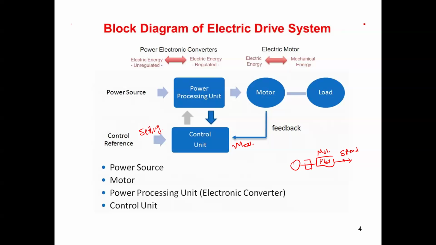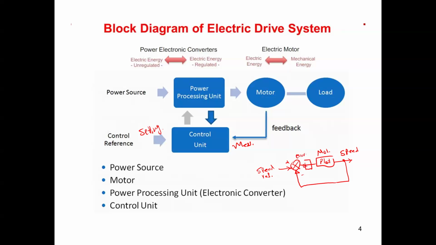So we sense the motor speed and then return this back and compare it with our reference speed. This is the speed reference signal or command. This is in plus sign, this is in minus sign. The difference will be the error.